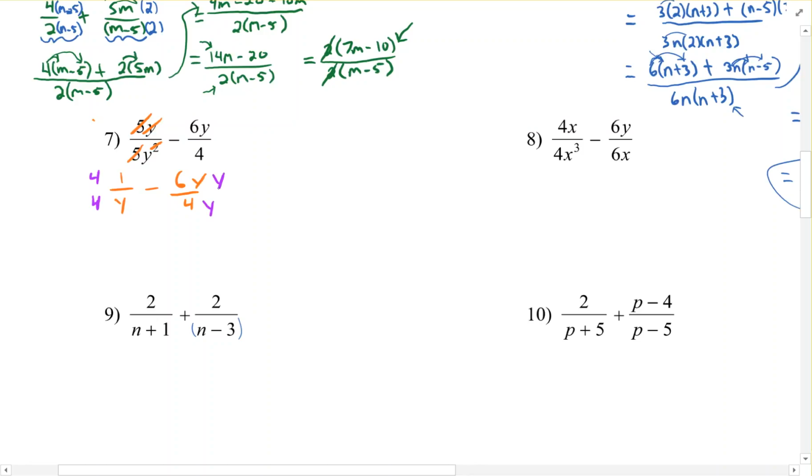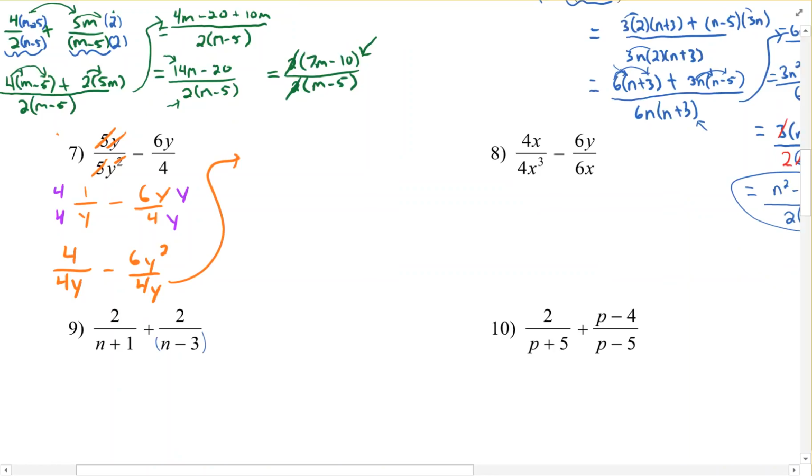If I do that, I can rewrite this whole thing as 4 over 4y minus 6y squared over 4y. And then I could write this as 4 minus 6y squared over 4y.